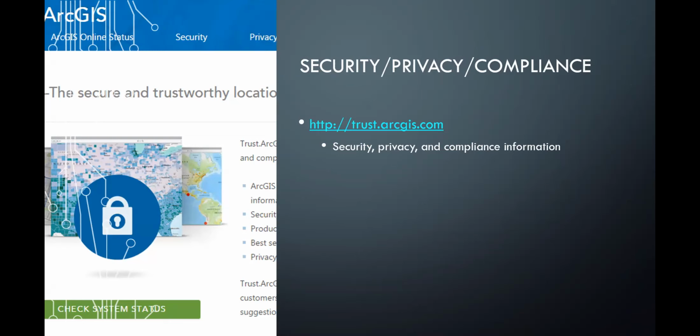So the federal government is using it pretty extensively. But if you have concerns about the security of your data or the privacy of your data, taking a look at trust.arcgis.com is a good place to start and to understand the current policies of the platform.